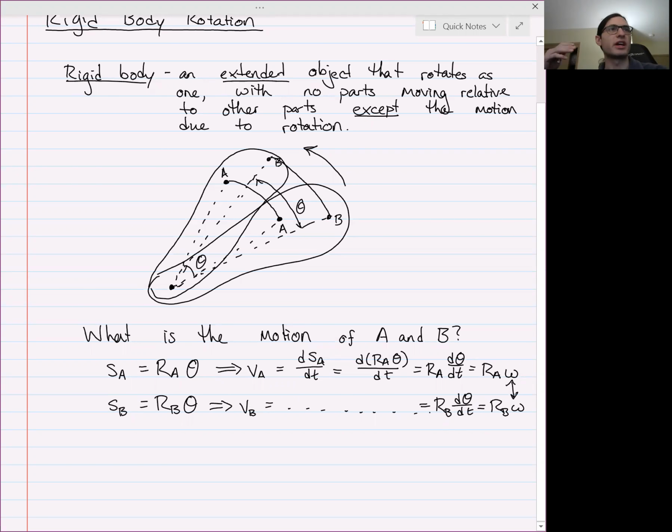So the takeaway here is that while the linear velocities V_A and V_B are different, in this case B has to travel faster because it covers more distance in the same amount of time, they have the same angular velocity or angular speed.